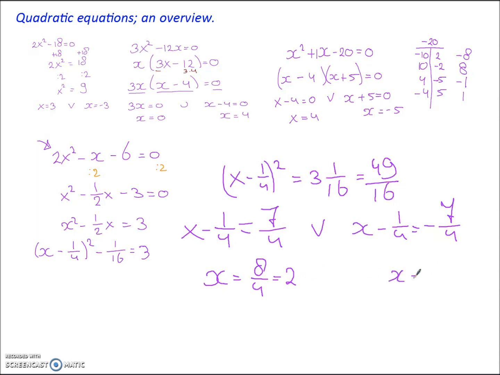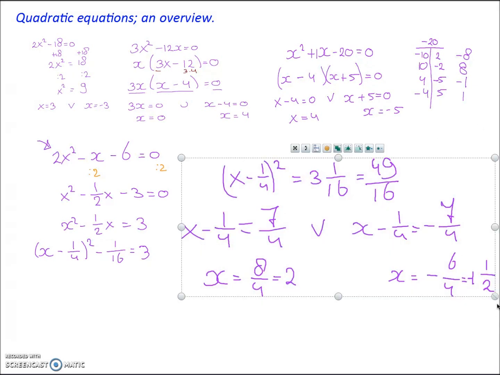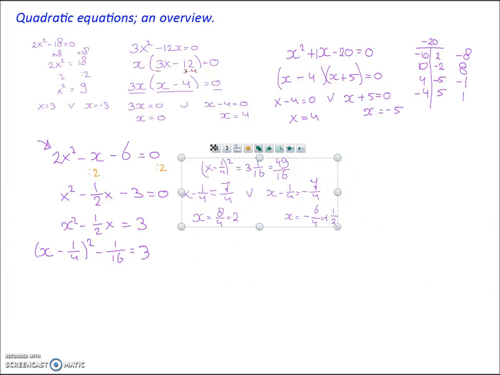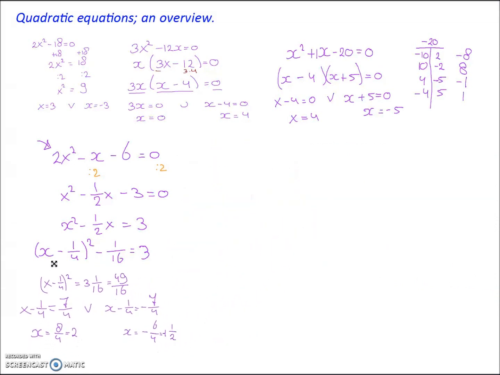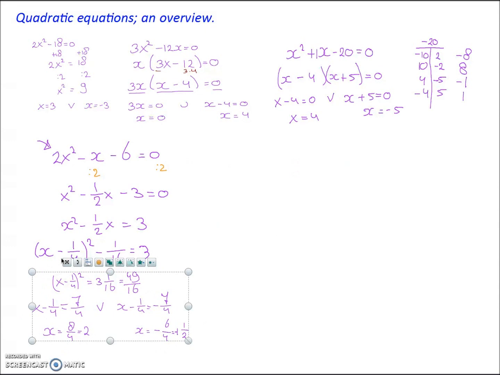Or x is equal to negative 7/4 plus 1/4 is equal to negative 6/4, or negative 1/2. So again, one equation, two answers. And let's put this where it belongs, right over there.